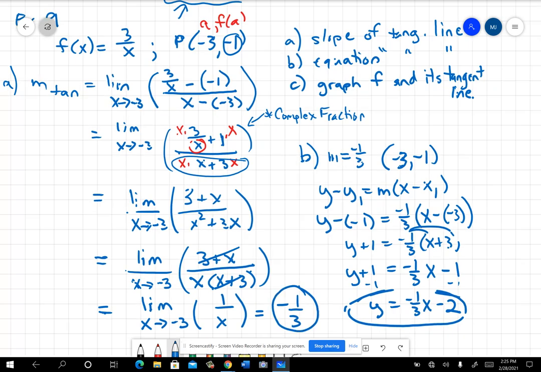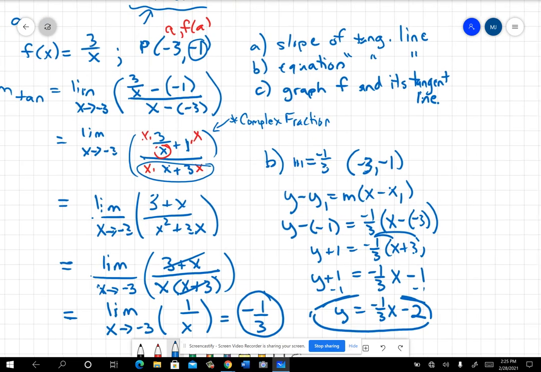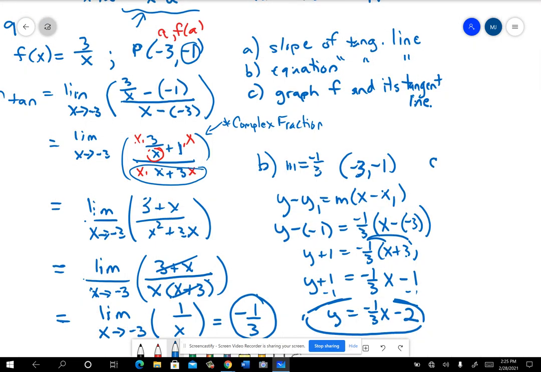And then C was just doing the graph together with that. So let me move over just a little bit, and I'll do part C. The graph of y equals 3 over x, you could just use a graphing calculator, or don't forget about Desmos. It's a free graphing calculator, real easy to use. You get something that looks like this.